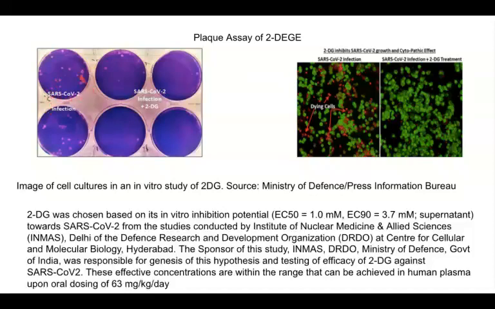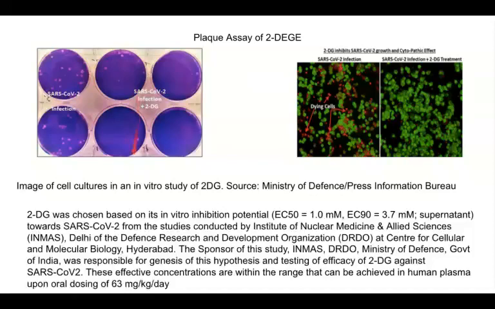And these serve as controls to these petri dishes, which show the SARS-CoV-2 infection in the presence of 2-DG. And visually, it's striking because you can see a far fewer number of plaques as compared to the control.